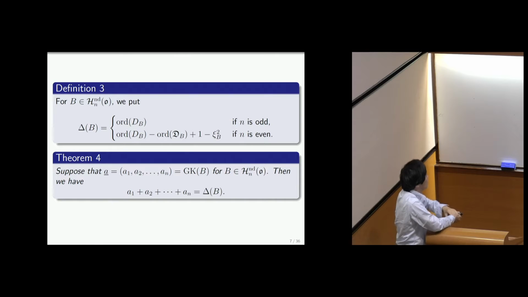Then the first theorem says that if (a_1, ..., a_n) is the Gross-Keating invariant of B, then a_1 + a_2 + ... + a_n is equal to δ(B). Actually, this theorem is difficult to prove, and we need a reduction theorem, which I explain later.